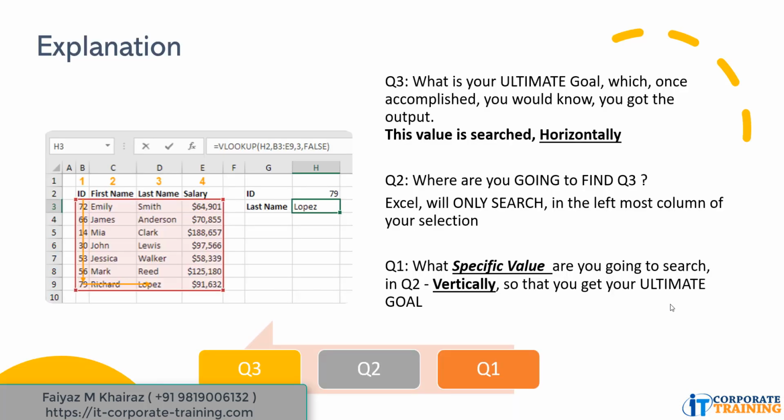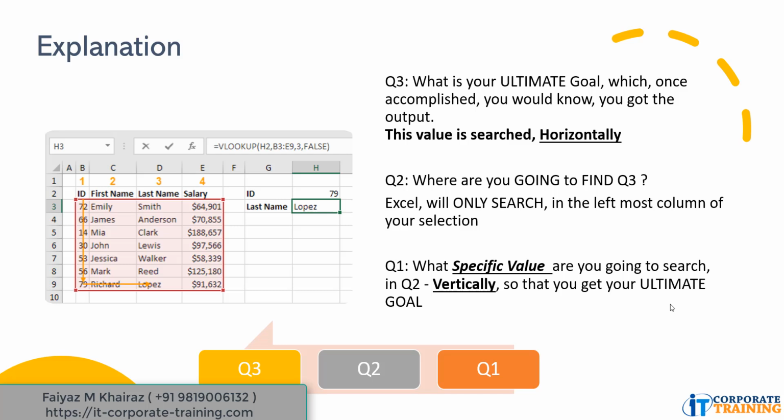I have moved back to the presentation. Now, I want to give you an alternate way to start thinking before you start writing the VLOOKUP formula. You can go ahead if you are someone who does not write a VLOOKUP formula day in and day out, and this formula is a little new for you.